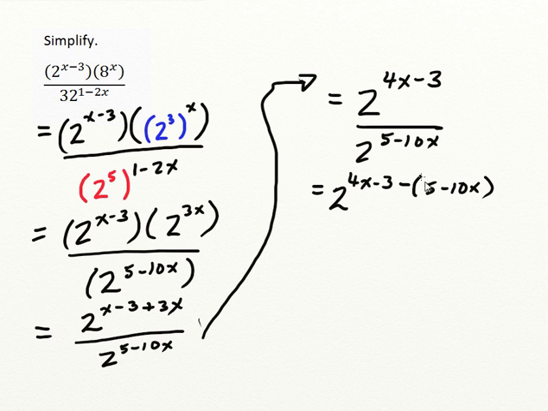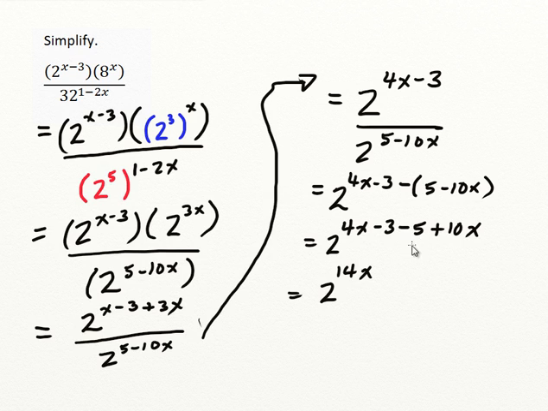I've got subtract 5, but then I've got subtract negative 10x, which is going to result in addition. So we have, let's remove these brackets, 2 to the exponent 4x minus 3 minus 5 plus 10x. Combining like terms, we are left with 2 to the, well, 4x plus 10x, 14x.